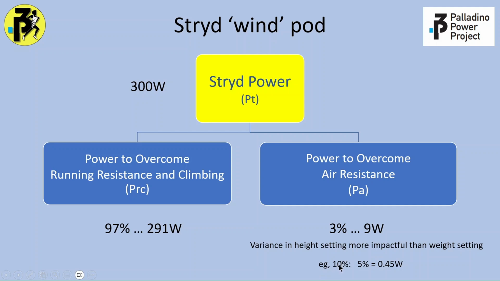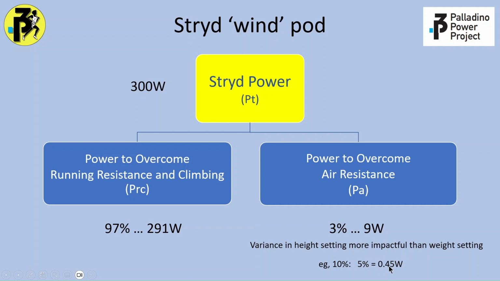So the real weight is 10% higher than the weight setting. Because the weight setting is such an unimportant factor in determining air power, far less important than height setting, a 10% difference in weight setting accounts for only a 5% difference in this reported air power.